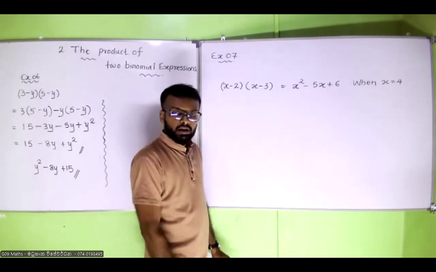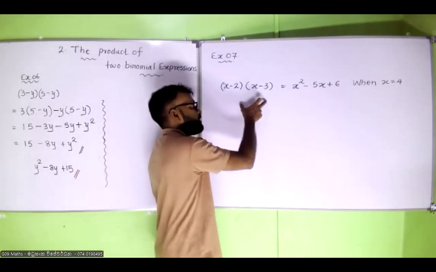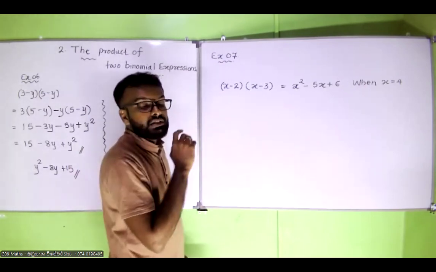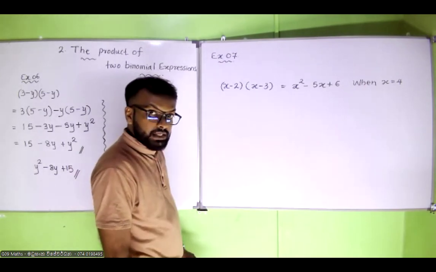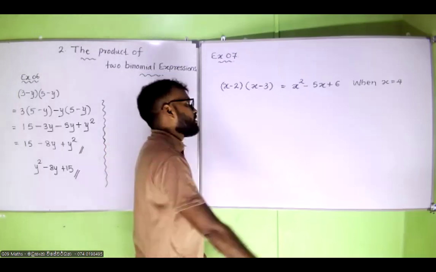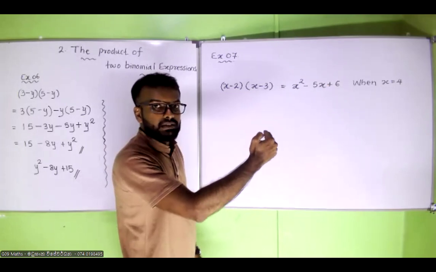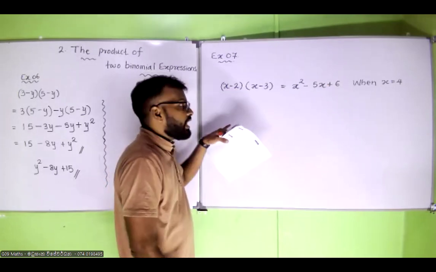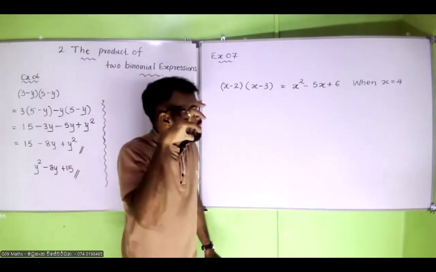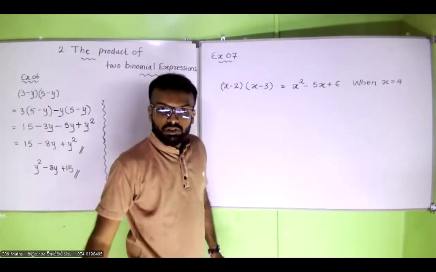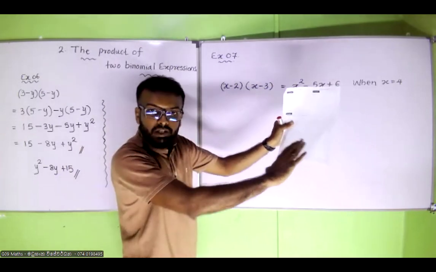How to prove that? Now, if you think of this as a balance, you have the left hand side, LHS, and the right hand side, RHS. So you have to substitute x equals 4 in your left hand side and simplify it.